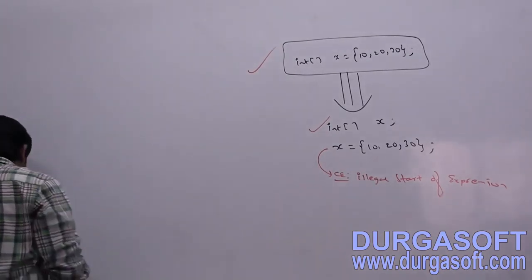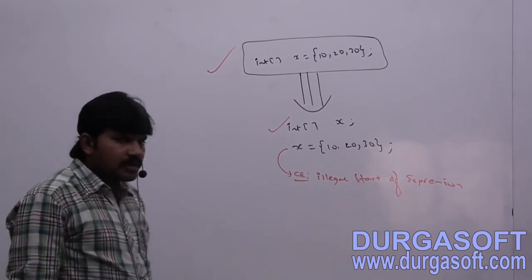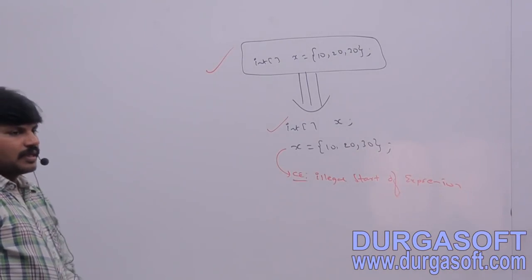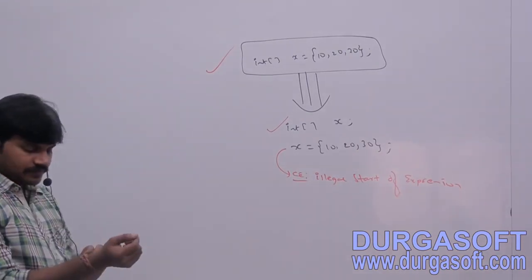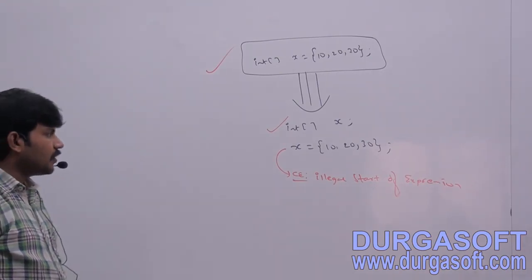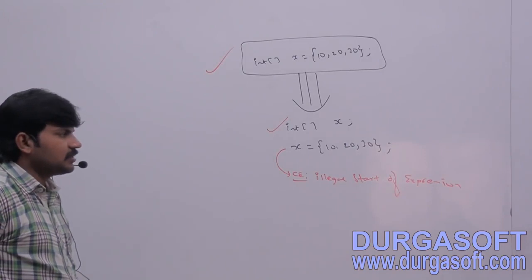Take this example well. Int array x is equal to 10, 20, 30. This is the first one. Now I am trying to divide into multiple lines.